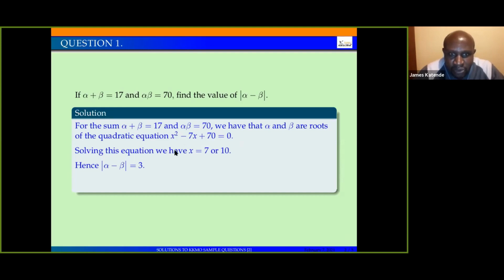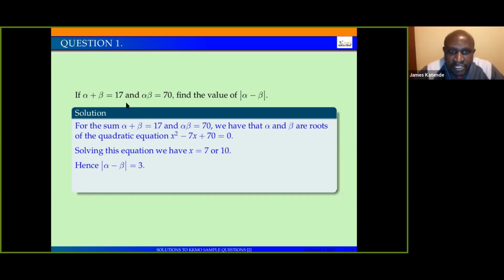So, and then when we solve for this, we find that the roots now will be 7 or 10. So the absolute value of the difference between the roots therefore would be 3, because 10 minus 7 is 3. And if you work it out in reverse, 7 minus 10 is negative 3, and the absolute value is still 3.